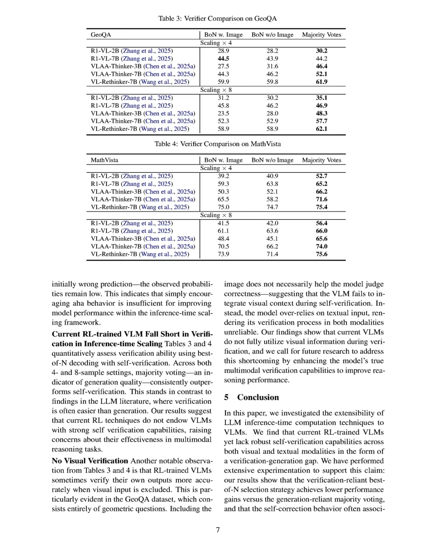This suggests that while the self-verified best-of-n strategy is designed to enhance reasoning through self-verification, its current implementation does not effectively translate into improved performance in VLMs, as they struggle with utilizing visual information during verification.